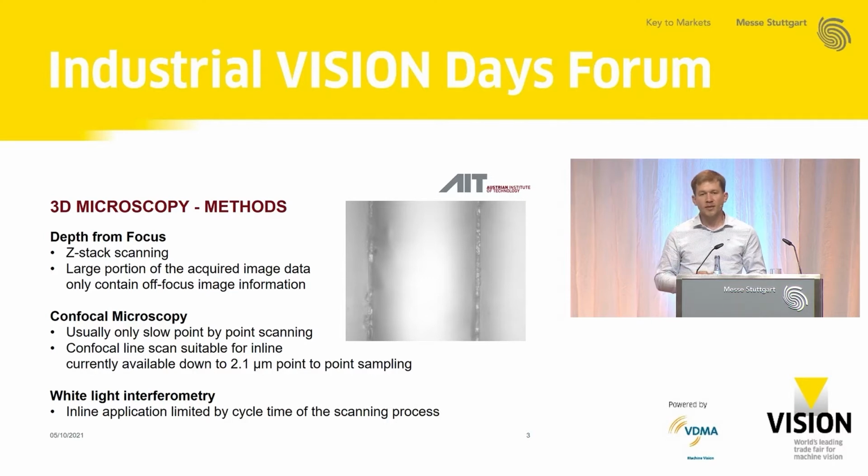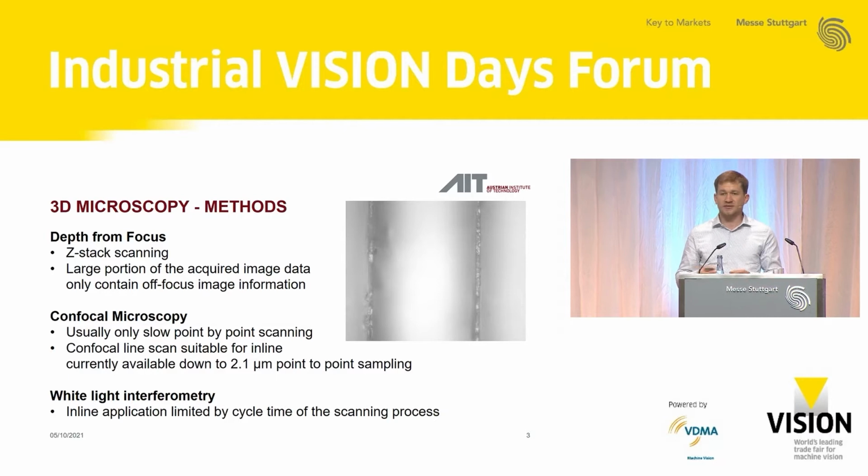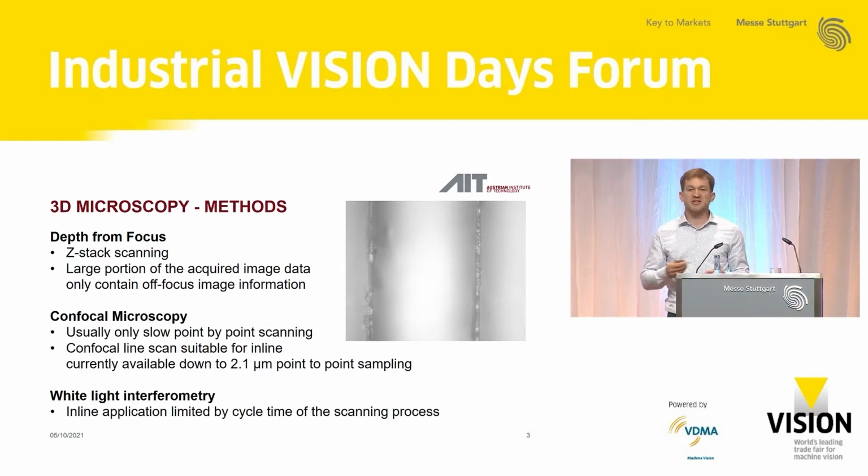If you think about confocal microscopy, most of the time it's a point-to-point scanning process, so you have to scan for every individual point. There are fast point scanners, but still this is quite slow if you scan large areas. There are also confocal line inline inspection devices available. What you see right now on the market goes down to 2 micrometers in sampling, to point-to-point spacing.